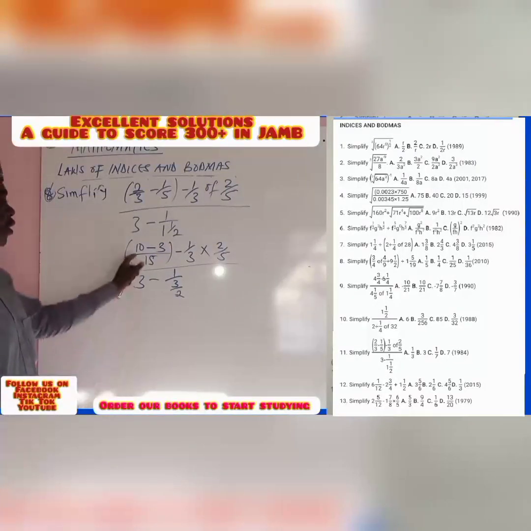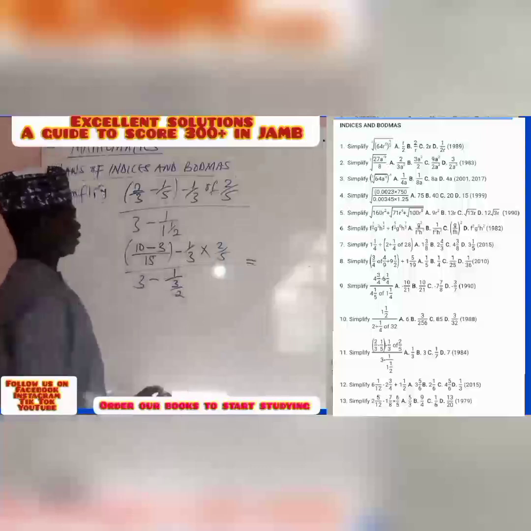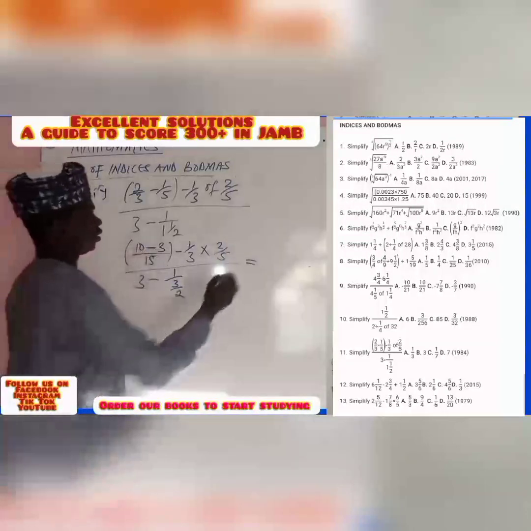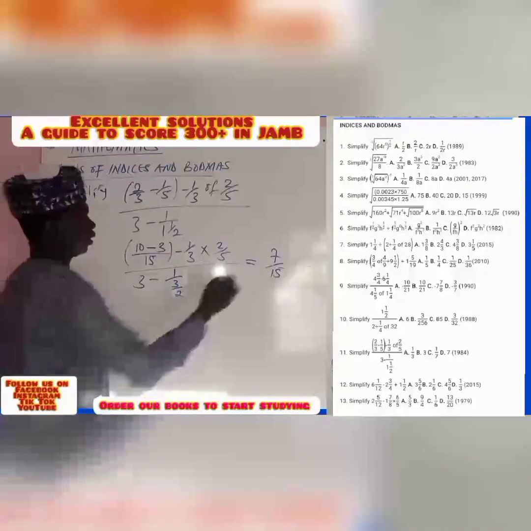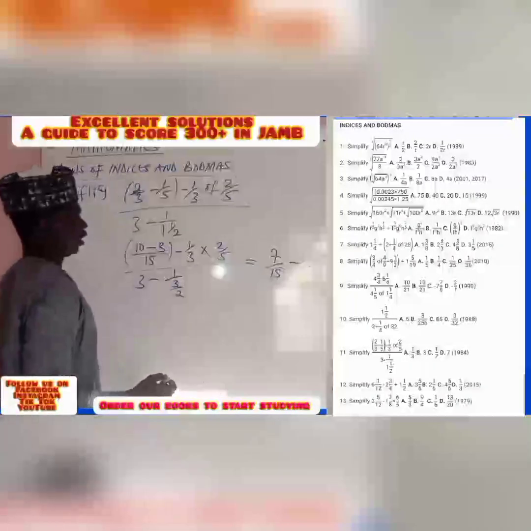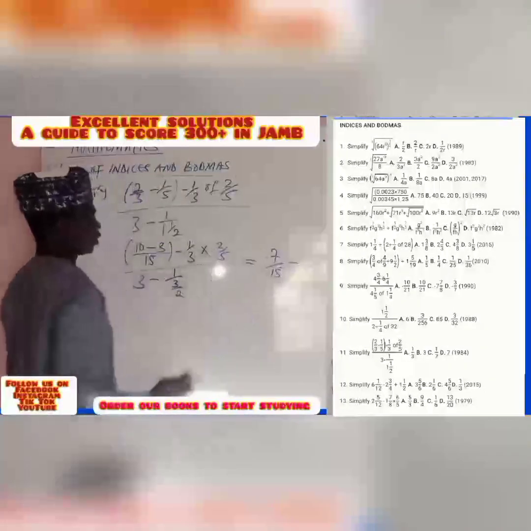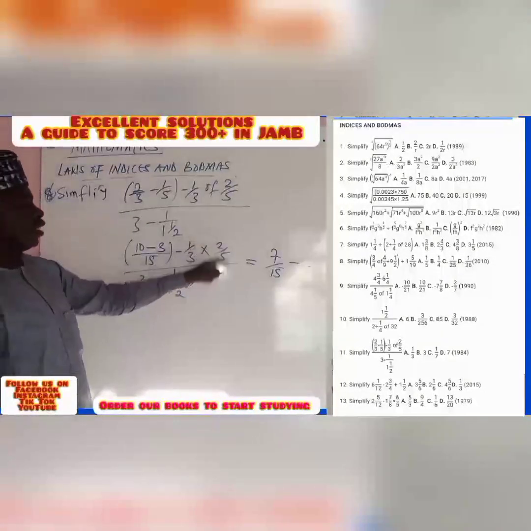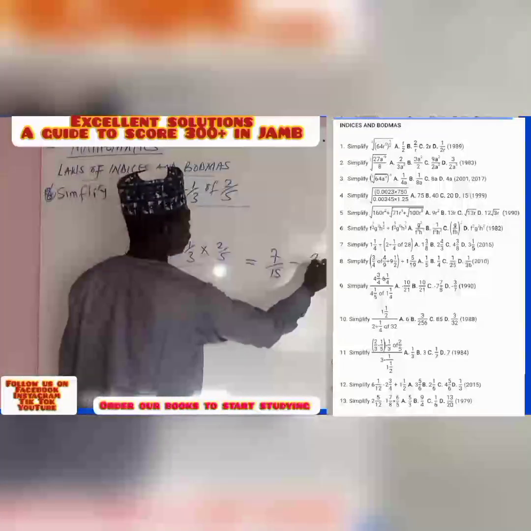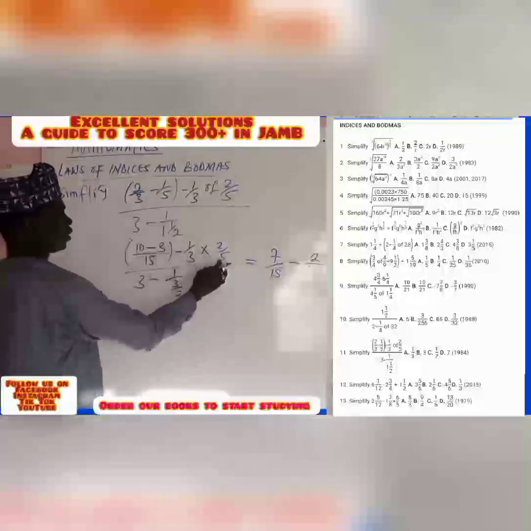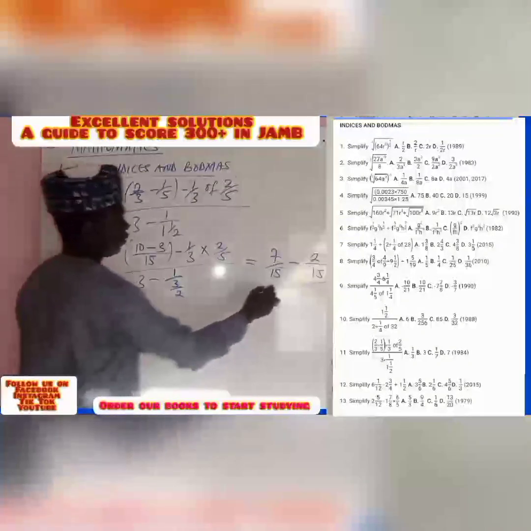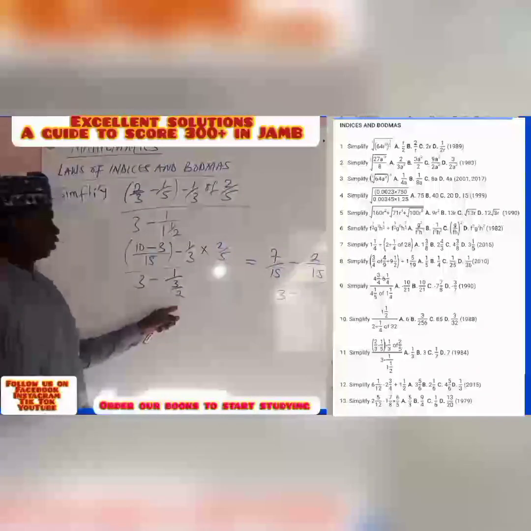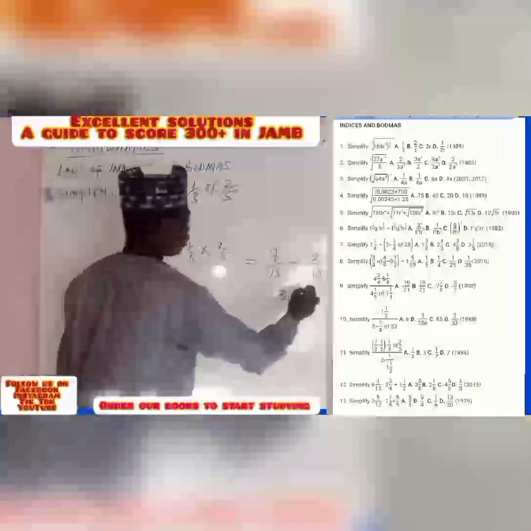So we can now reduce this into 10 minus 3 is 7 over 15, then minus, we are now having multiplication should come first. 1 times 2 is 2 divided by 3 times 5 is 15 all upon, this is the same as 3 minus, if we take reciprocal here, it is going to be 2 over 3.